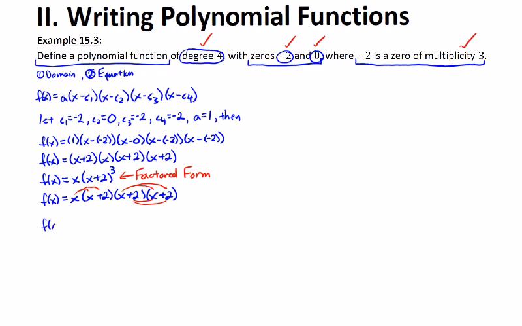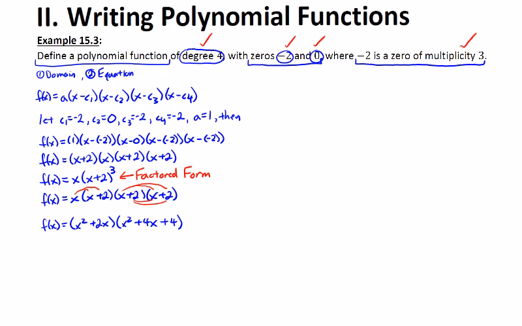This results in (x squared plus 2x) times (x squared plus 4x plus 4). We are still technically in factored form, it's just not a linear factorization anymore. It's two quadratic factors, so we're in a kind of limbo stage here.